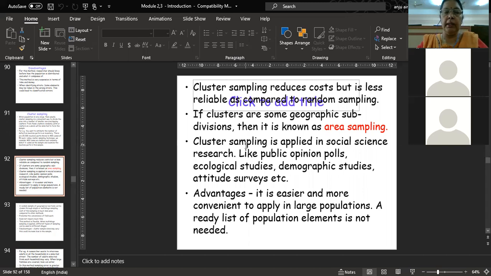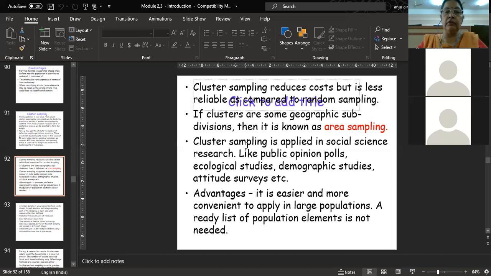You will divide the geographical areas into different sections. Like you will take north one area, south one area, west one area, and east one area. So all these areas are your clusters, and from each cluster you will randomly select some elements to form your sample.